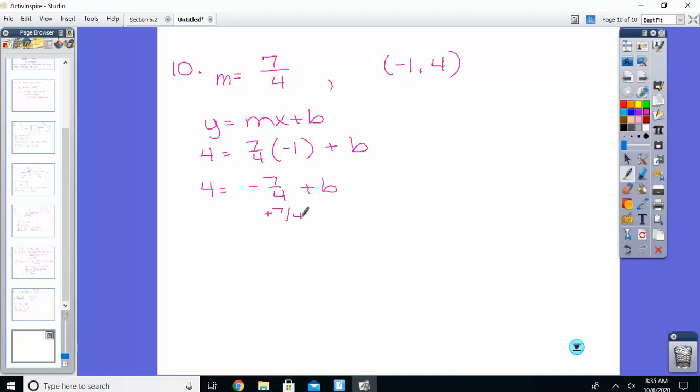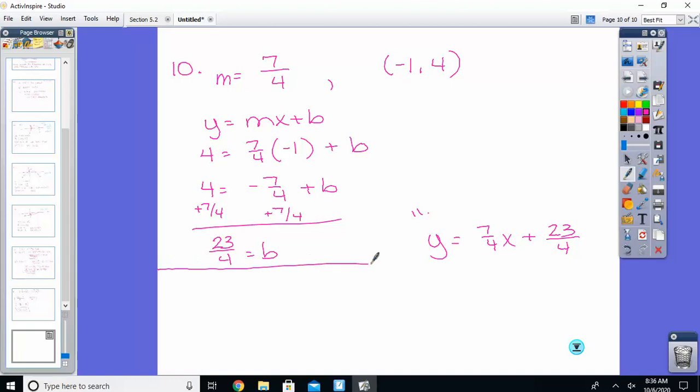So if I add my 7/4 over, you get 23 over 4 for the b. So my equation at this point is y equals 7/4 x plus 23 over 4. That's actually the answer to number 11, slope-intercept form. You have to do that when you write your standard form.